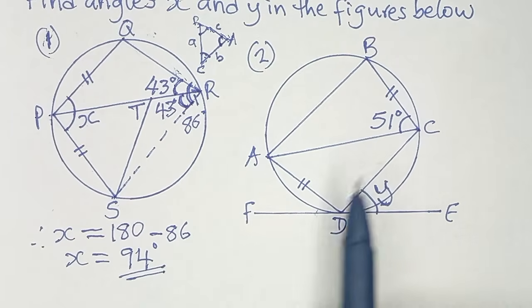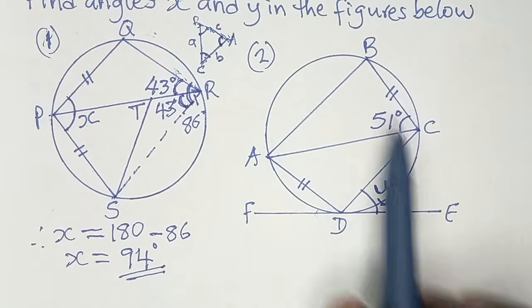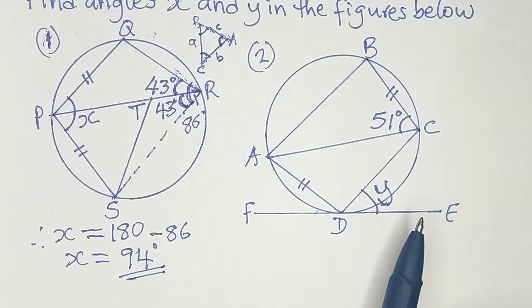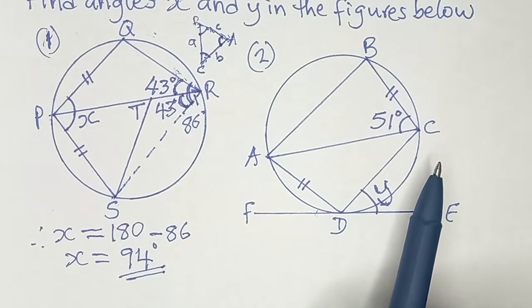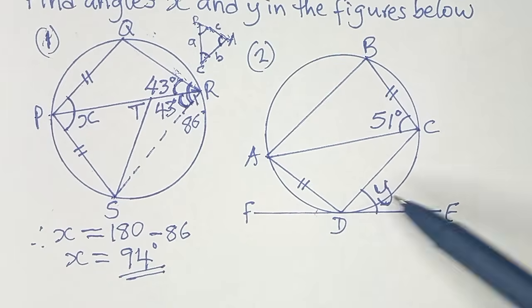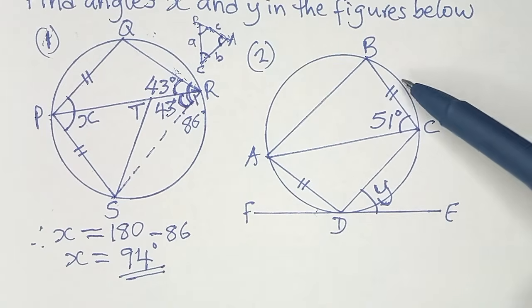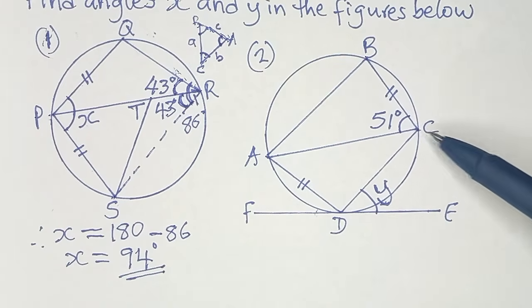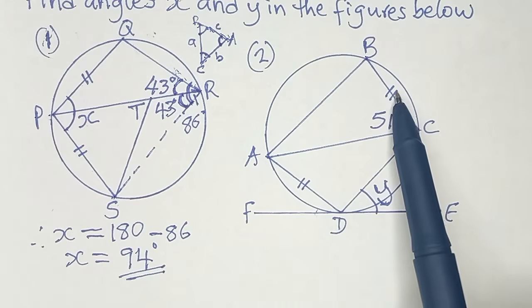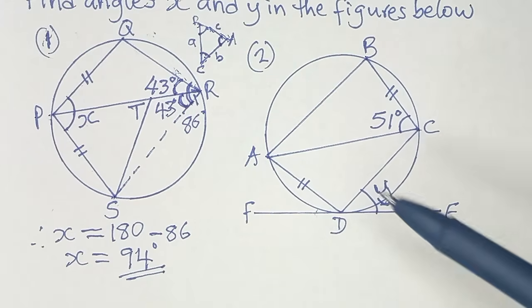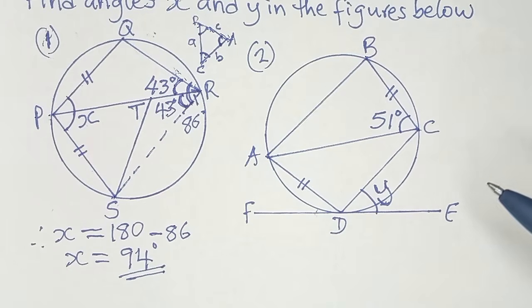Now let's move on to the second figure, so that we can get the value of angle Y. This one too, you have to be very careful with the rule or the theorem to apply here. Now, if you look at this diagram, you agree that this side BC is also equal to AD because of the marks that we have here. So that means they are equal lines.